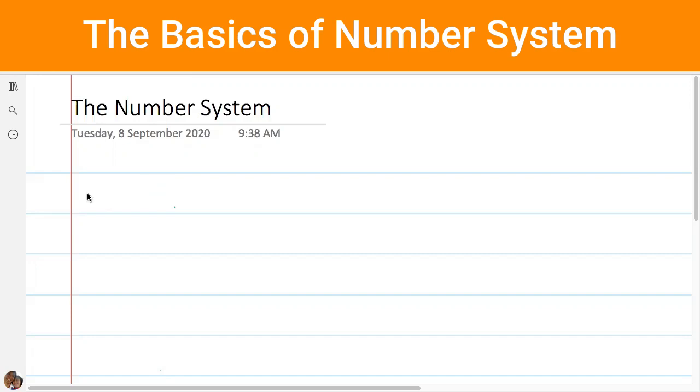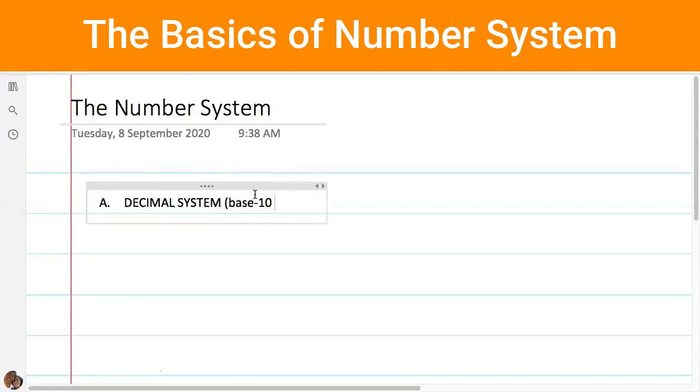So, in my last video, we discussed that a number system is actually divided into four types. The first type is the decimal system. I will write this as the decimal system, or it is commonly called the base 10 system.